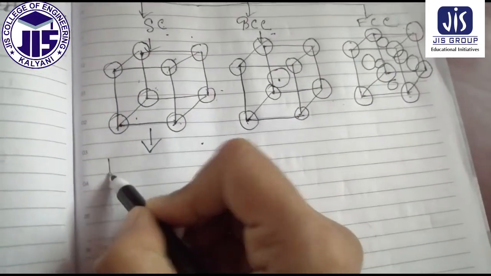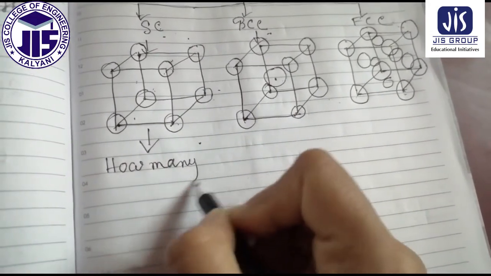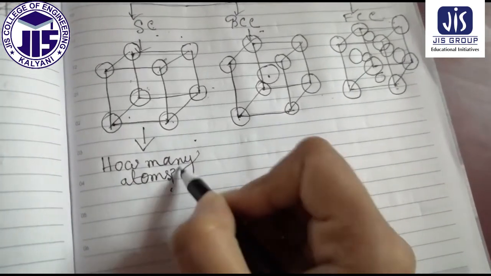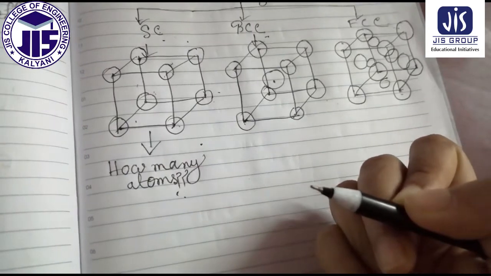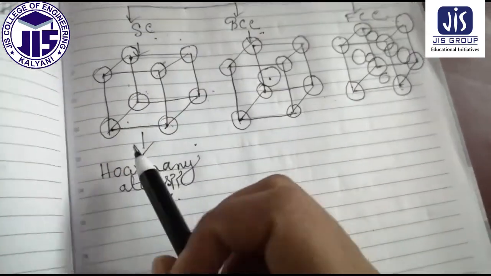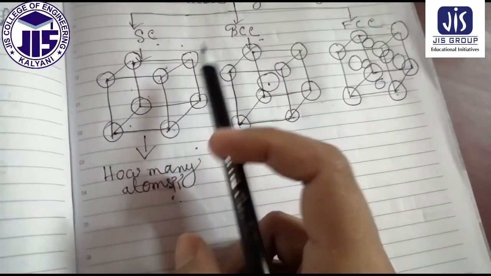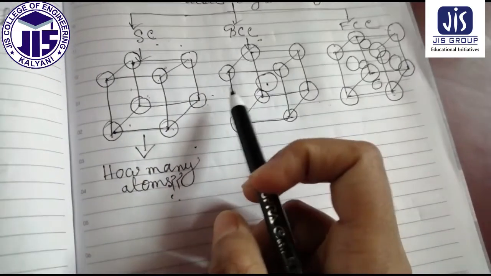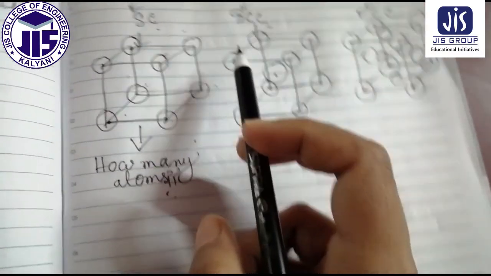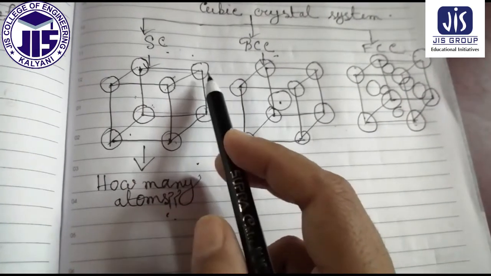Okay, the question is how many atoms are there. This is the first question. Simply, as we can see, at the 8 corners there are 8 atoms. Now each atom is shared by 8 unit cells. That means this unit cell is getting only 1/8 of 1 atom.